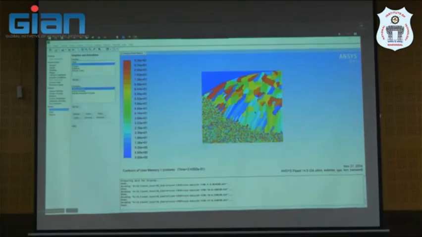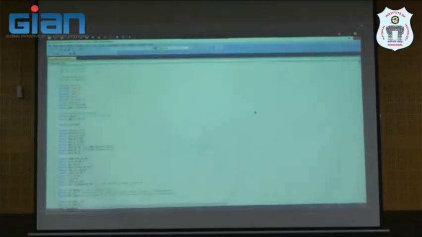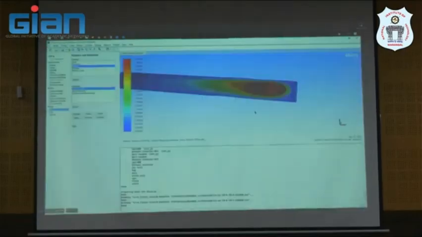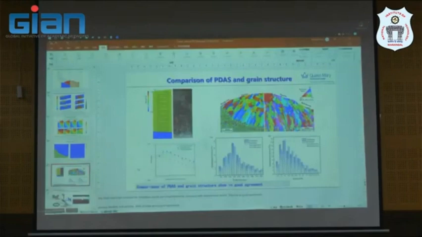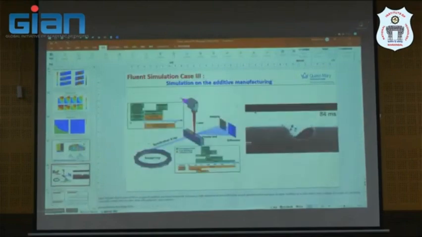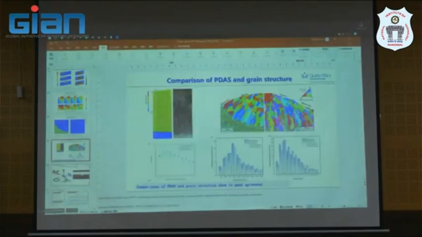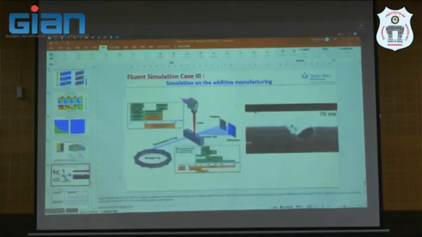I think, shall we move to the last one with the powder-based fusion, in situ alloying? Yes, please. Okay. Do you assume the back diffusion of the solute, right? Yes, he did. So you can find more information.